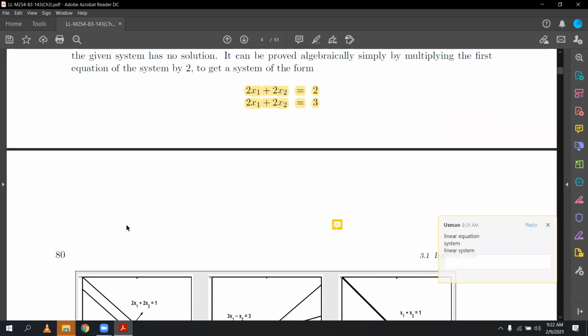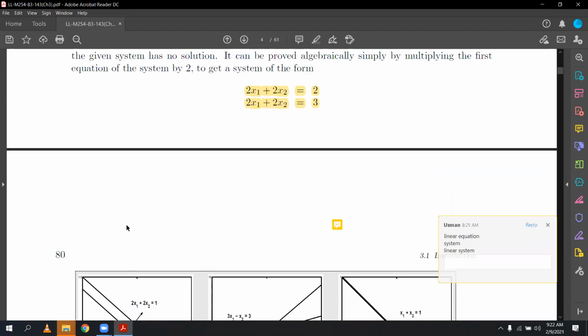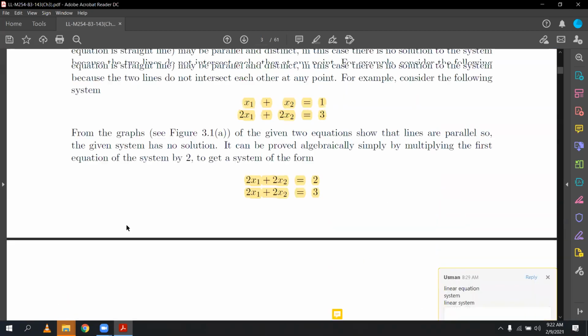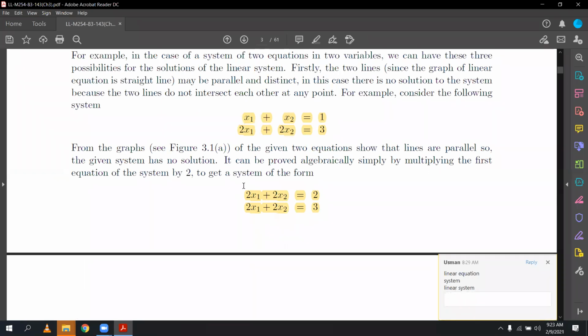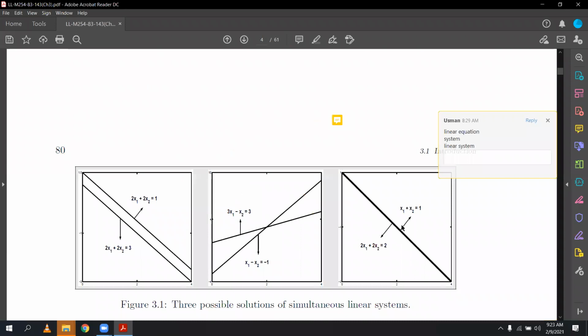Let's take another example. We have x1 plus x2 equal to 1, and 2x1 plus 2x2 equal to 2. Can you tell me about these linear equations, are they different or the same?